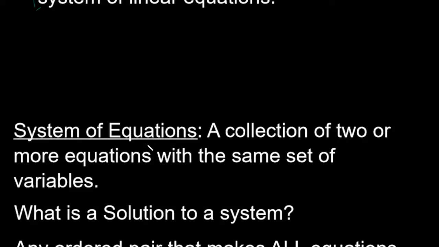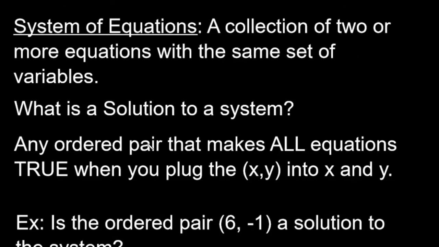I'm not really too nitpicky about this definition of a system, so I wouldn't write it down if I were you. You'll get familiar with what a system is intuitively as we go through this, but I'll read it to you. A system of equations is a collection of two or more equations that all use the same variables.